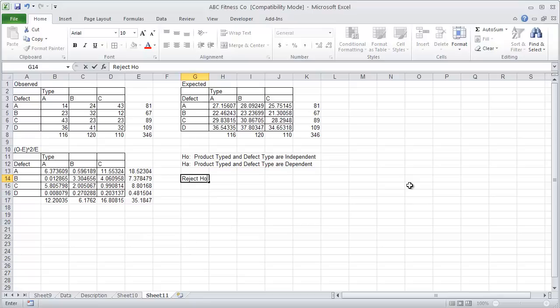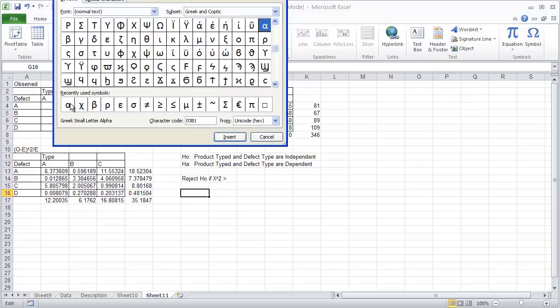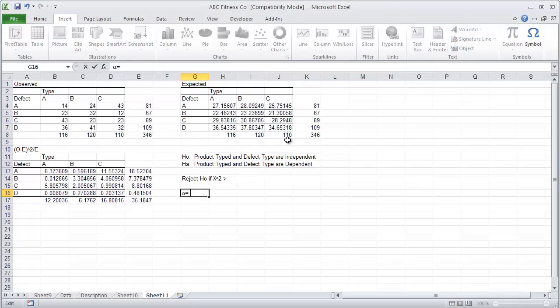So my rule in here would have been reject H sub O if chi-square is greater than. So I'm going to say that my alpha value was 0.05 and my degrees of freedom are always my rows minus 1 times columns minus 1. So rows minus 1, so 4 minus 1 is 3, times columns minus 1, so 3 minus 1 is 2, which gives us a total of 6.